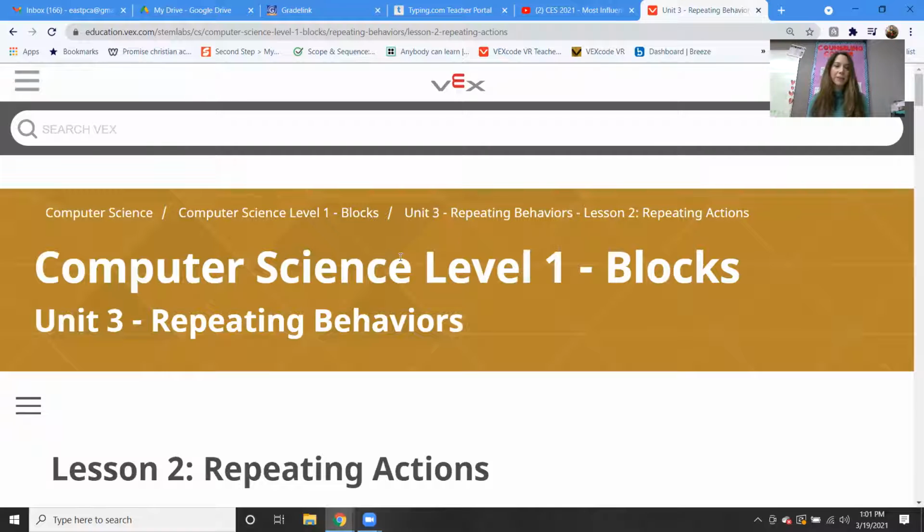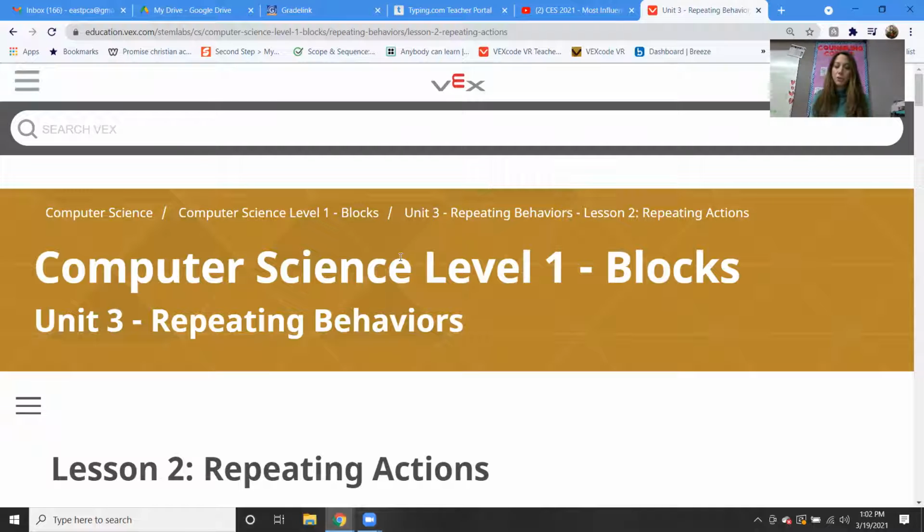And not forget anything. So we're in Unit 3, Lesson 2. We learned about the repeat block. So you had to do the code using the repeat block, and then you were supposed to send it to me, email it to me. So it should be labeled with your name, Unit 3, Lesson 2, repeat block. So if you're missing that one, you never did it, please send it in.